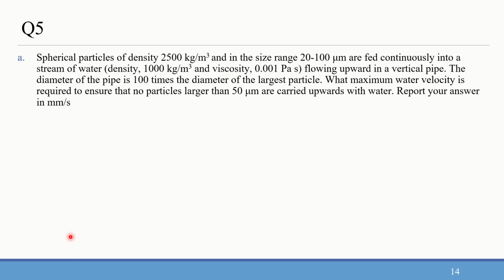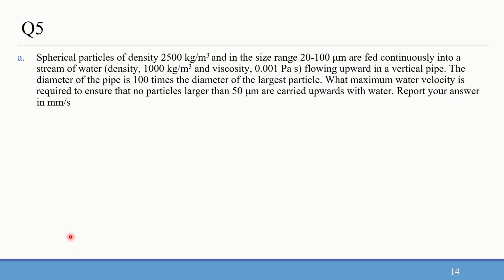So what is asked: we are given a spherical particle whose density is 2500 kg per meter cube, and its size range is 20 to 100 micrometer, and we are feeding the particles continuously into a stream of water, whose density is 1000 kg per meter cube and viscosity is 0.001 pascal second, flowing upwards in a vertical pipe.